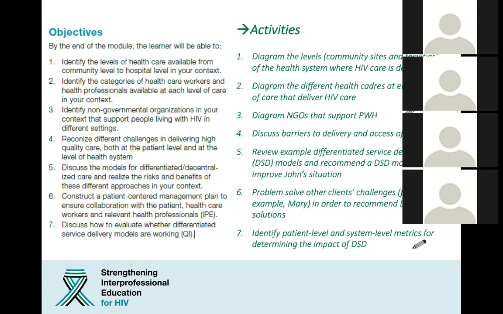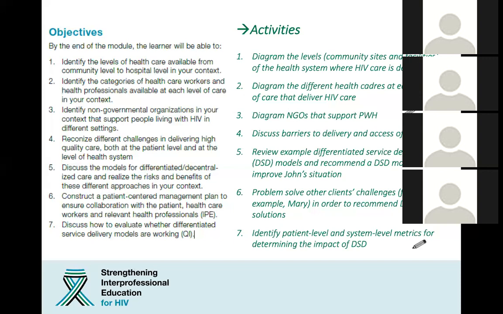And so that moves me on to the final activity, which really is around thinking about these different models through a quality improvement lens. So the case fast forwards, we propose that these new models of care are implemented to better support John and Mary, and we suggest that Andrew, recall he's the district HIV manager, wants to assess the impact of these changes on clinical outcomes.